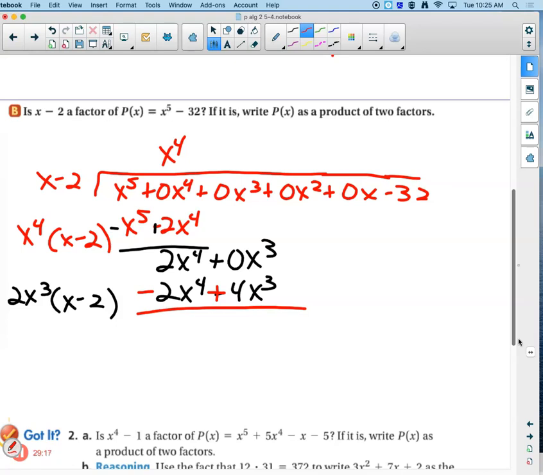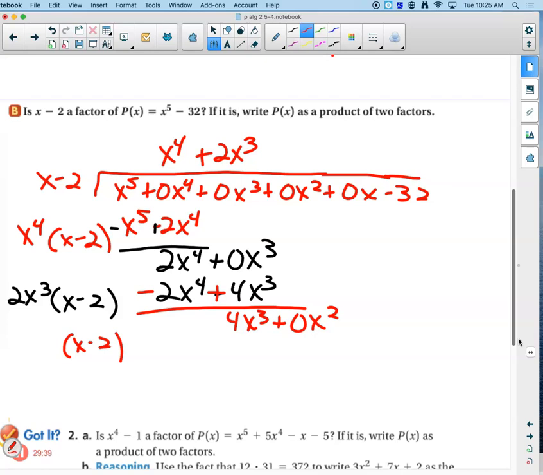Our 2x to the 3rd did its job, so we put it up there as part of our answer. We're going to end up with a 4x to the 3rd. And we bring down the 0x squared. We're getting there. It's just taking some time. And we start over.